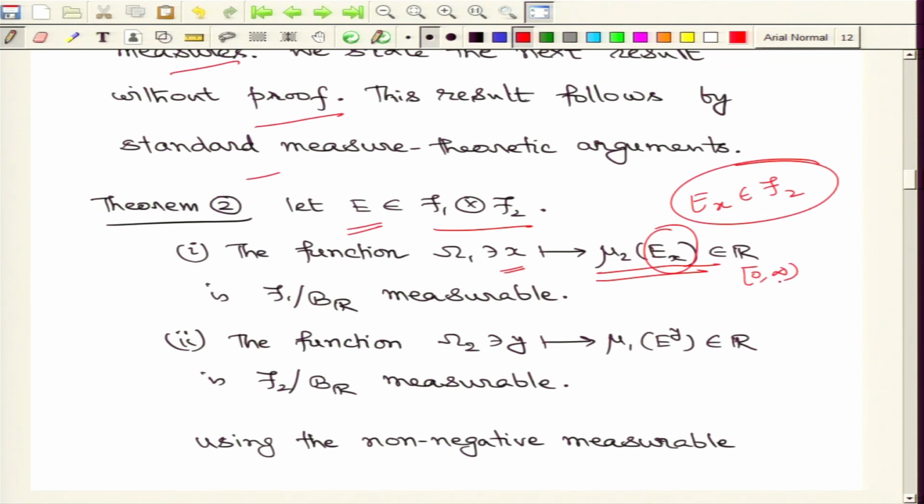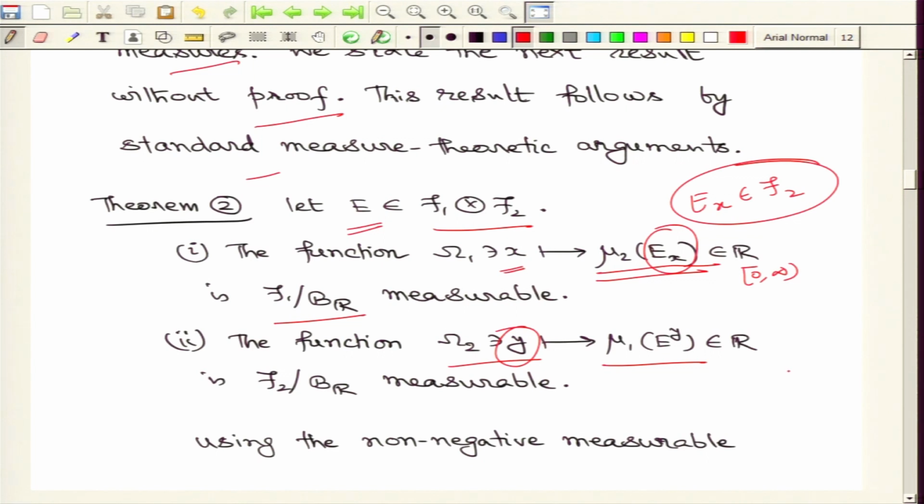Now, this is a function that has omega 1 as its domain and goes to the real line in its range. We claim that this must be F 1 over B R measurable, meaning this function is a measurable function with the domain side measurable space omega 1, F 1 and the range side measurable space R, B R. Now, similarly, we can describe another function from omega 2 to the real line by sending a point y to mu 1 of E^y.